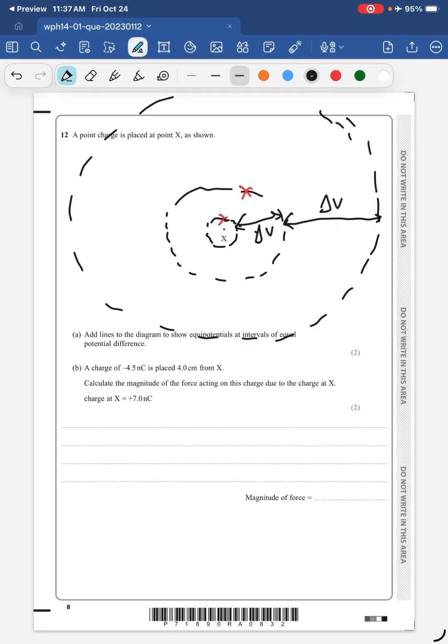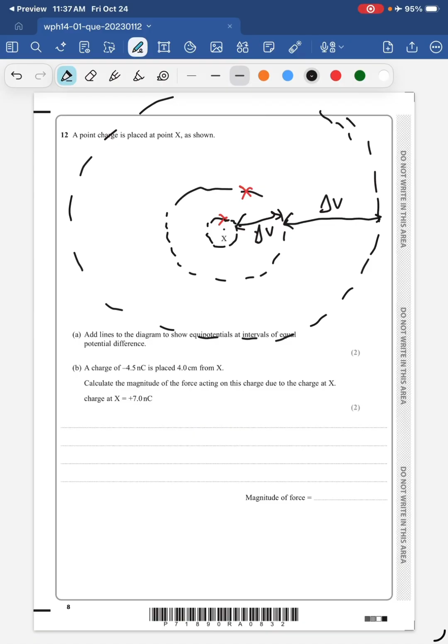So the point is that you have to remember that equipotentials grow apart, in the sense that the same change in potential requires a larger change in radius, in distance.